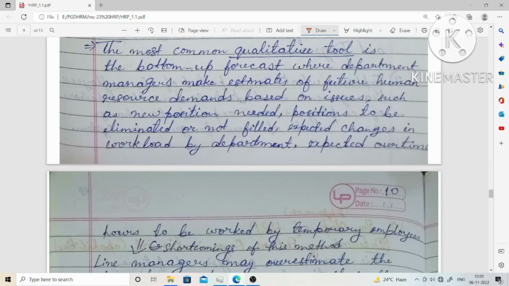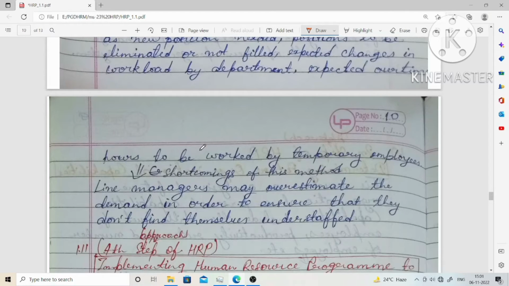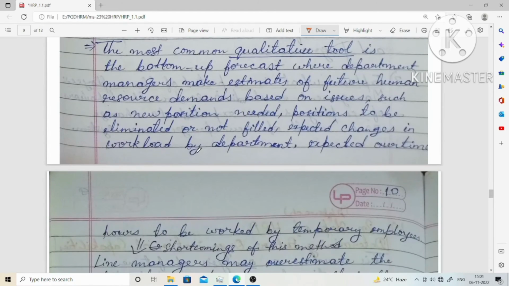Different kinds of new positions will be required, and there are expected changes in the workload at the departmental level. Here we are analyzing things from the departmental level, and then we move up the ladder.